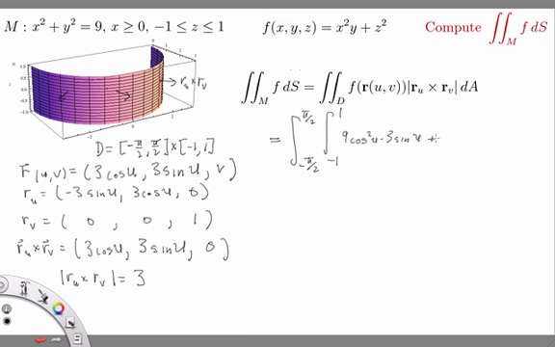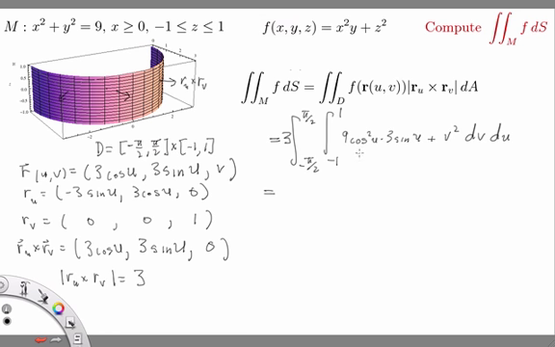And then plus z squared is going to be plus v squared, dv du, but I can't forget to multiply by the magnitude of r sub u cross r sub v, so that gives me a factor of 3. Okay, and so now we've rewritten our surface integral using the parameterization in terms of this double integral, and now we just have to do the work of computing the double integral.